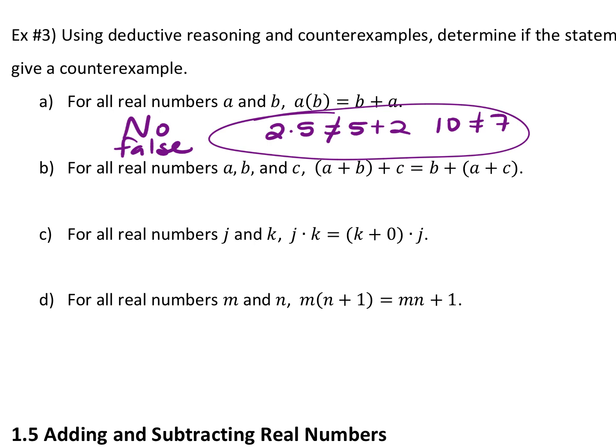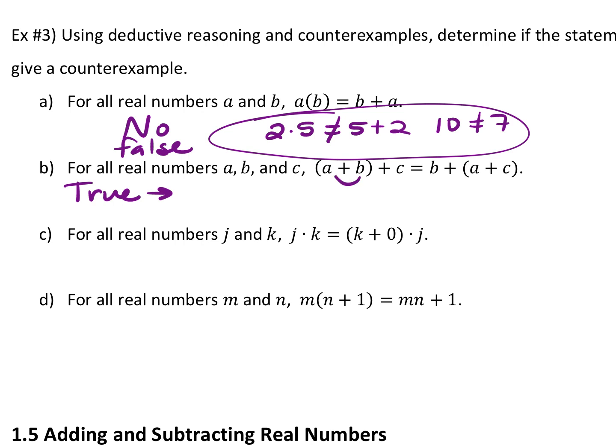How about letter B? True or false? True. Okay, now if it's true, I want to know the properties that make it true. There's the associative property. Is that it? There's commutative as well, right?